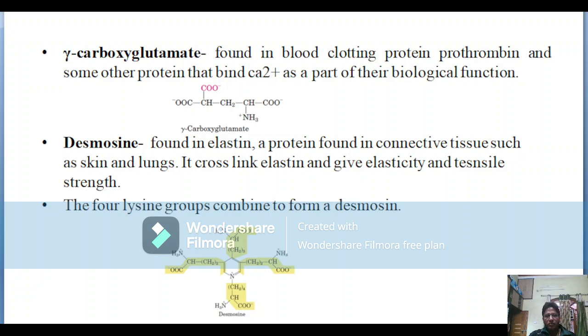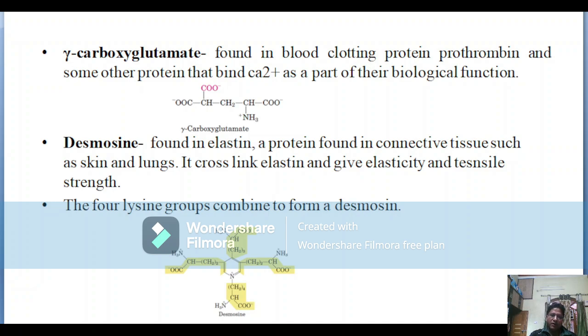Now another amino acid created by modification of the protein is gamma carboxyglutamate. Gamma carboxyglutamate is an amino acid formed by incorporating a carboxyl group into glutamate. You will find this amino acid in the blood clotting protein prothrombin, which is involved in blood clot formation, and in some other proteins where calcium is part of the biological function.